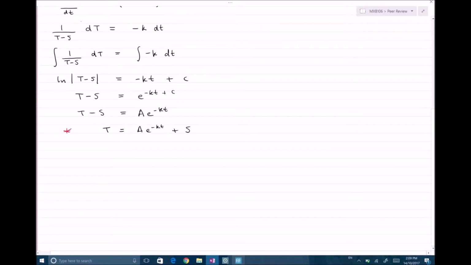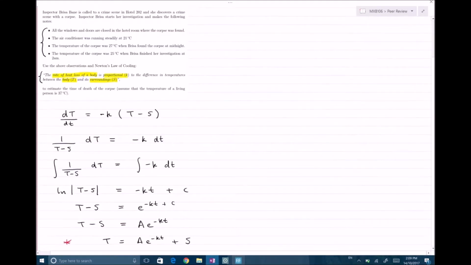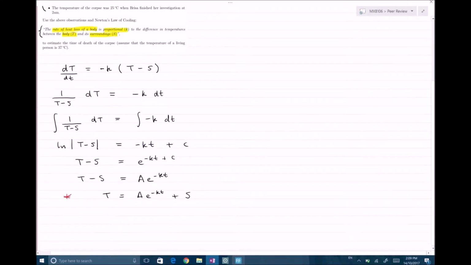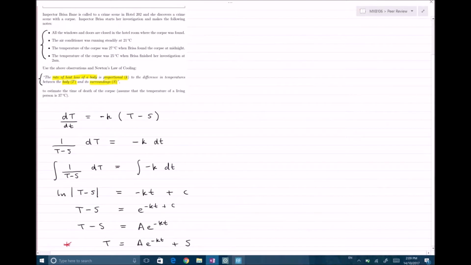Now if we go back to the problem, we can have a look at some of the information that we've been given so that we can try and remove some of these constants. We've been told that the air conditioner was running steadily at 21 degrees Celsius and that all the windows and doors are closed in the hotel room. So we can assume that our surrounding temperature is going to be 21 degrees Celsius.